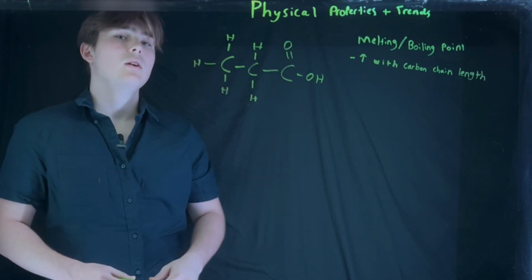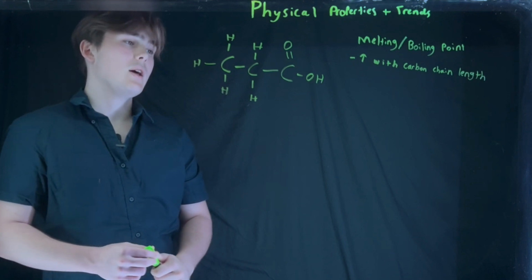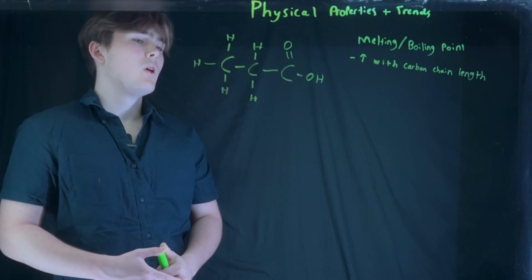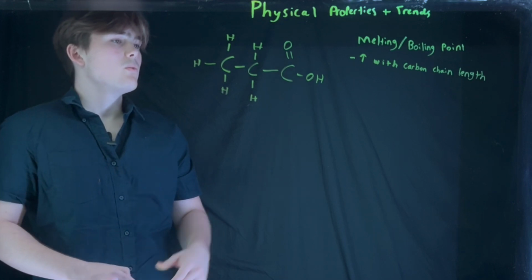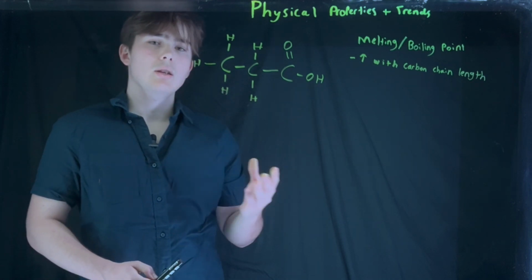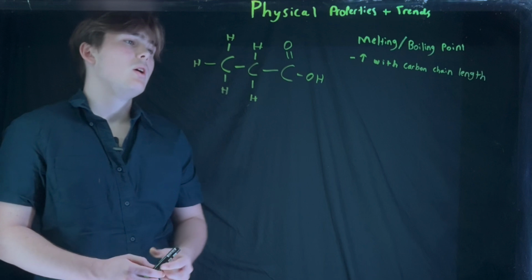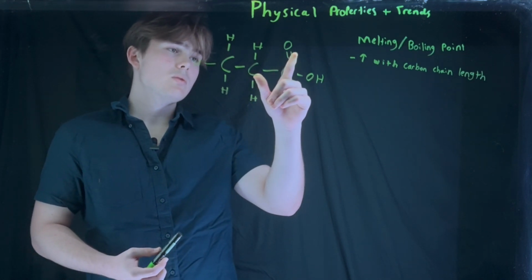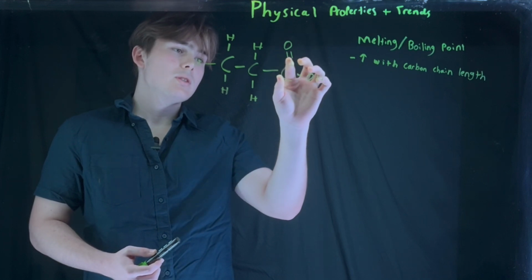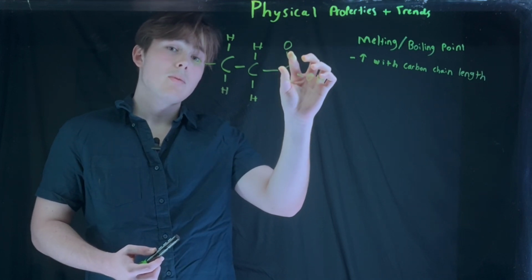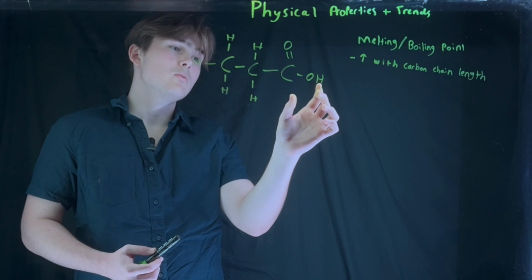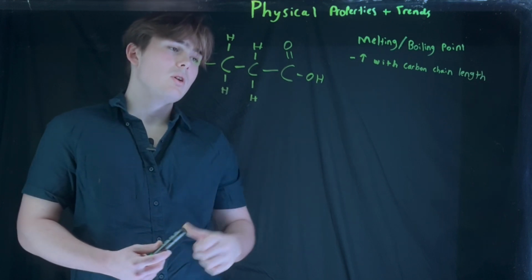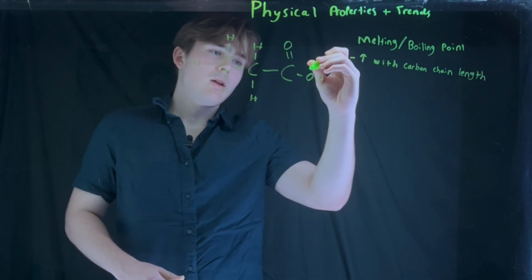So it's actually now propanoic acid. So what does this mean in terms of melting and boiling point of the molecule? Because this functional group has changed, we now have an oxygen double bonded to this carbon, and we also have an OH group bonded to the carbon here, and because of that we have a hydrogen bond here.